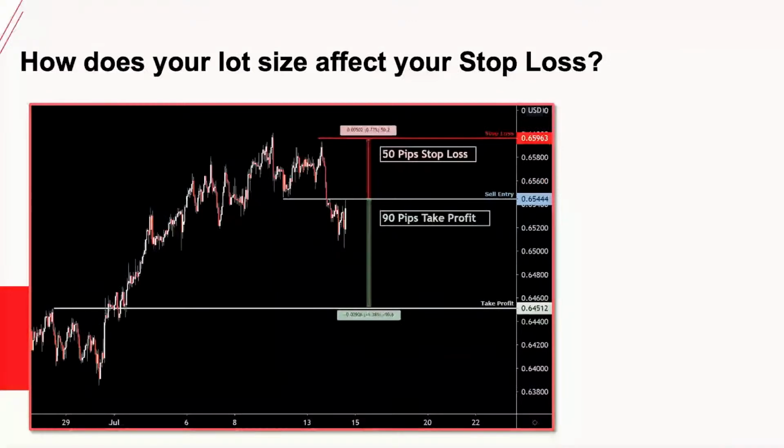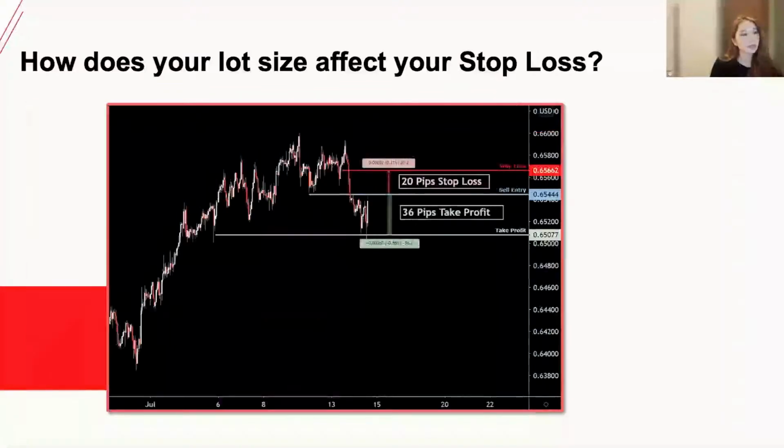So we can also take a look at the pips, right? Let's look at 50 and 90 pips. In this case, 50 against 90 pips looks like a very big risk and reward, right? So let's look at the next slide. We're looking at 20 and 36 pips. Yes, it looks like fewer pips, a lesser, more safe kind of trade.